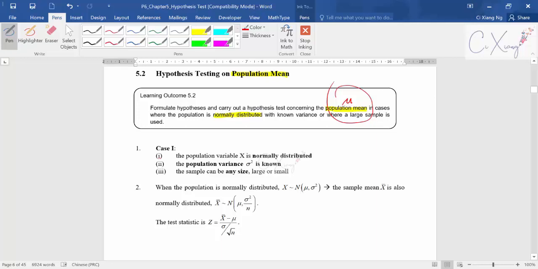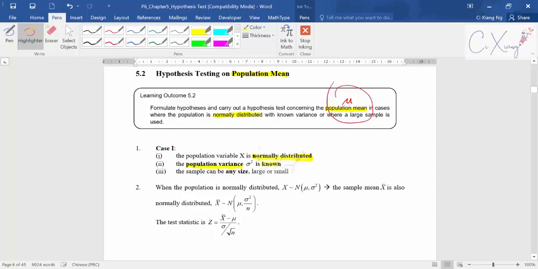To carry out a hypothesis test for a population mean, we actually have a few different cases, but they have some small differences. So we will focus on case number one. In case number one, they tell you that the population is normally distributed, and the population variance is known.